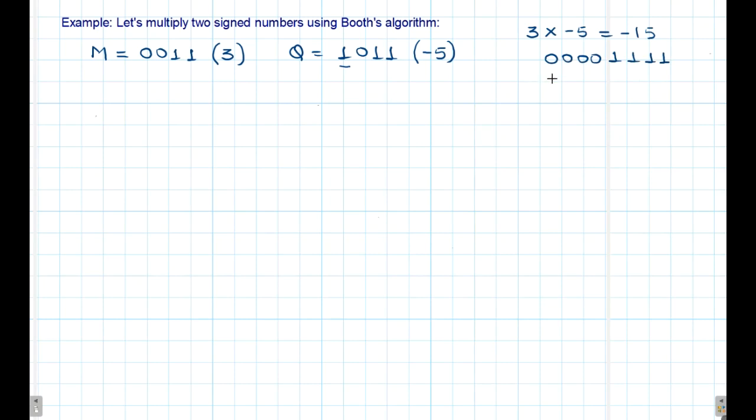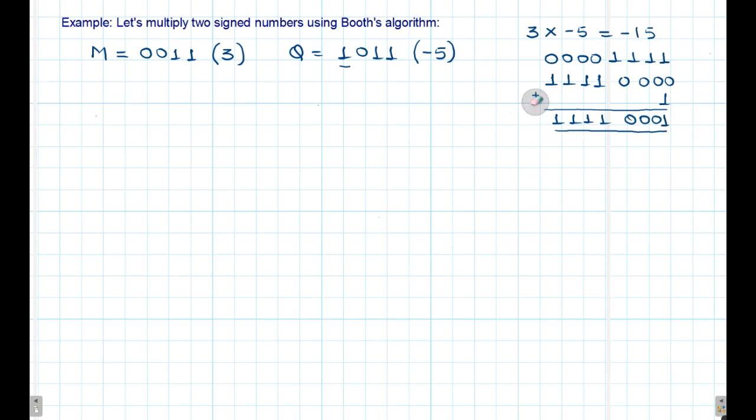Taking the 2's complement of it, 11110000 inverted gives 00001111... and adding 1 to it results in 11110001. So this is the value that we are expecting from the multiplication of 3 into minus 5.